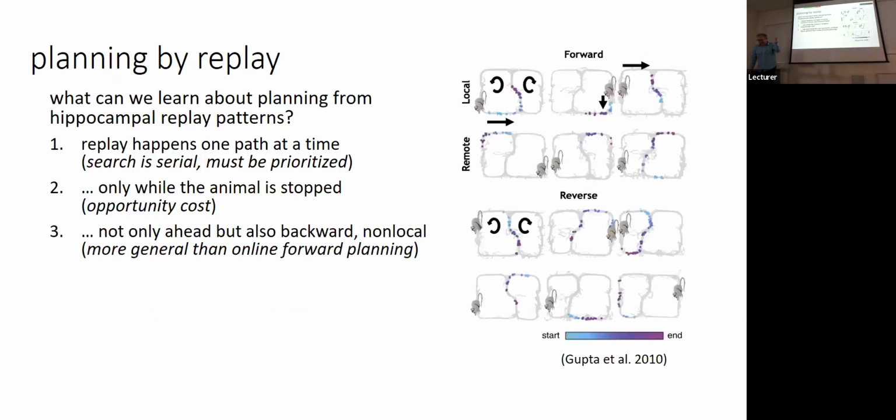And presumably that's because the hippocampus is like tractors, and so they only represent one location at a time. So the searching through possible paths in the world has to be serialized, and that's going to, I'm going to argue, force you to prioritize. If you can't think about everything at once, which path are you going to think about next?